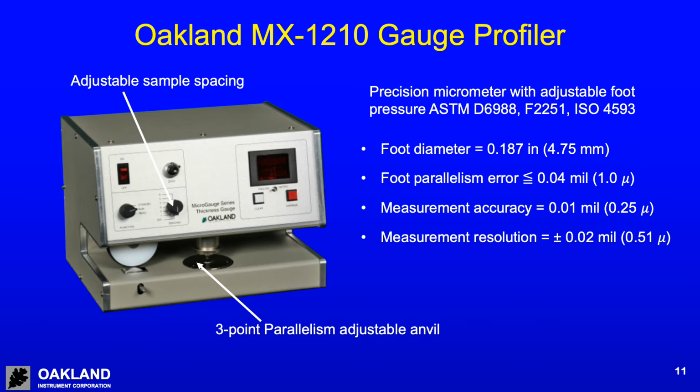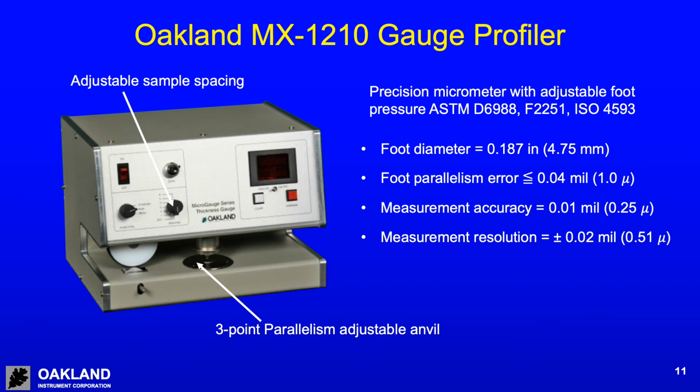Foot parallelism error, that's left, right, front, back, was less than 0.04 mils. And that's 1 micron. The measurement accuracy with this device is 0.01 mils, and the measurement resolution is plus or minus 0.02 mils. One of the things that it has that's really a very convenient feature is a 3-point parallelism adjustable anvil.